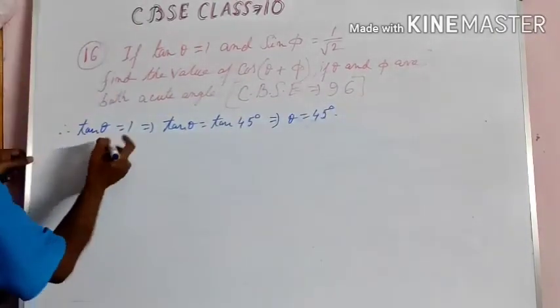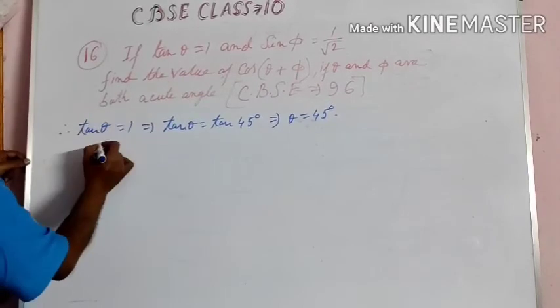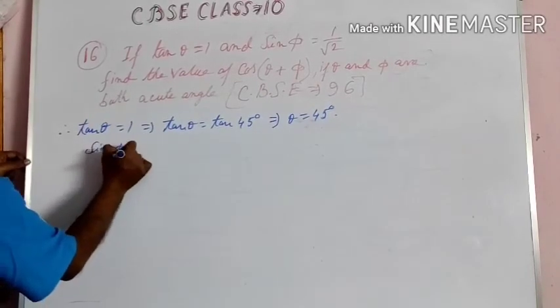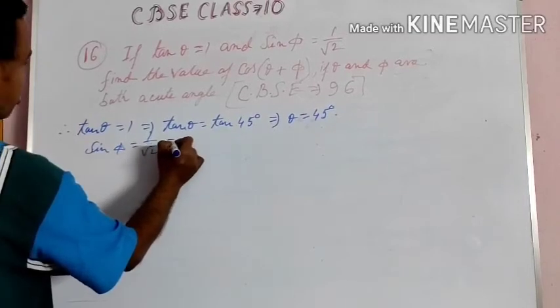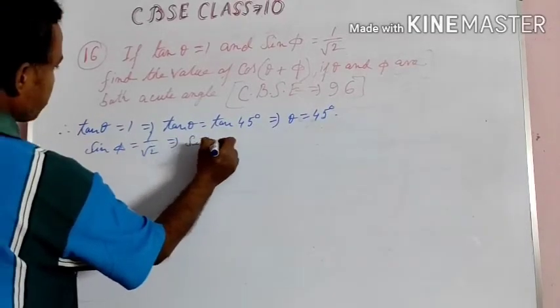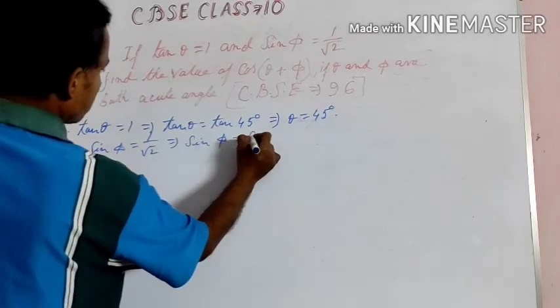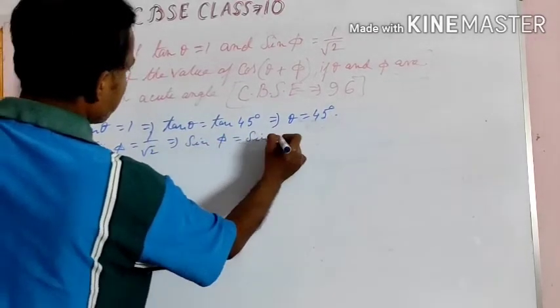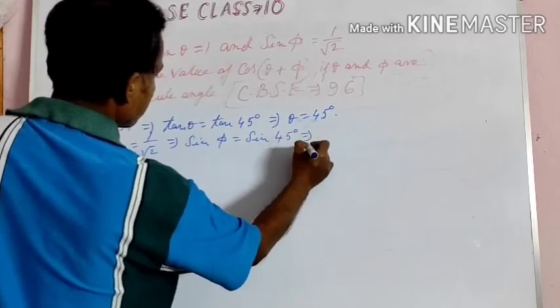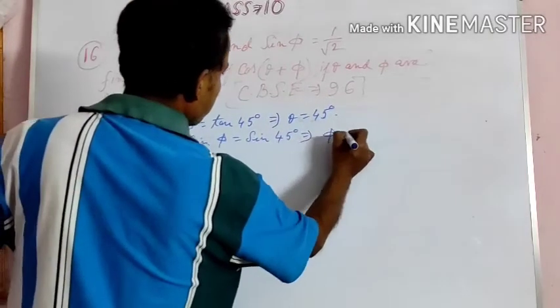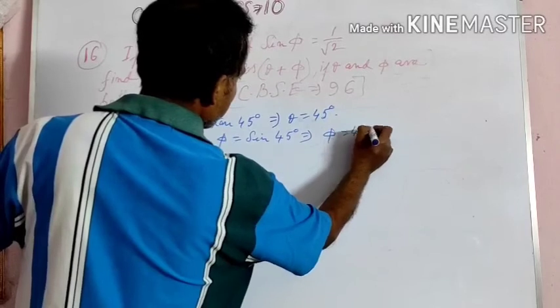Again given, sin phi is equal to 1 by root 2, or sin phi is equal to sin 45 degree. That is, phi is equal to again 45 degree.